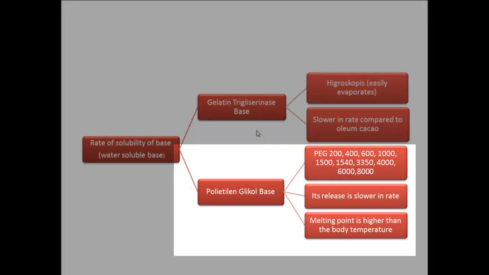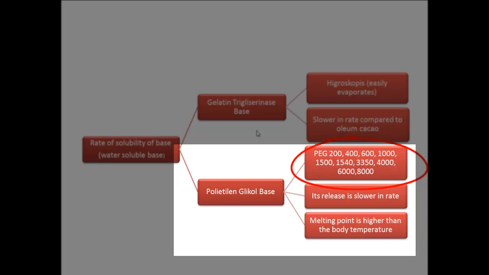Now let's look into polyethylene glycol base. Polyethylene glycol base is made up of polymer from ethylene oxide and water. The most commonly used PEGs are PEG 200, 400, 600, 1000, PEG 1500, PEG 1540, PEG 3350, PEG 4000, PEG 6000 and PEG 8000.